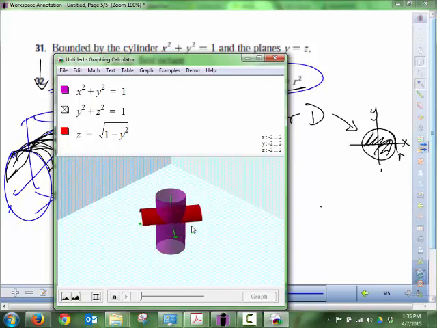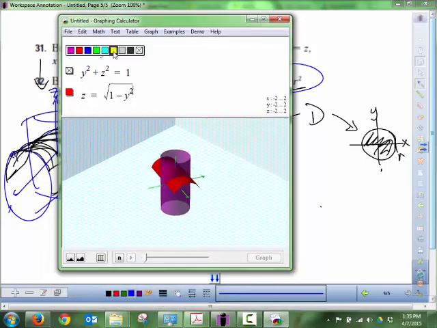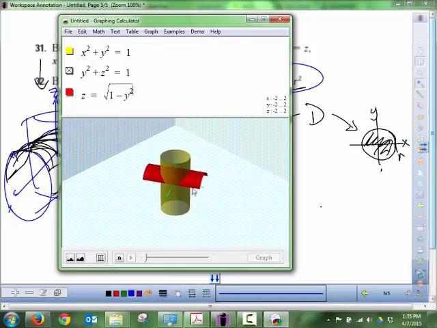Technically, it should go all the way down, but there's some issues with the rendering where it doesn't make it go all the way down. Let me change this into a brighter color. I don't know if that helps. But this is the top part of that surface that we're talking about.